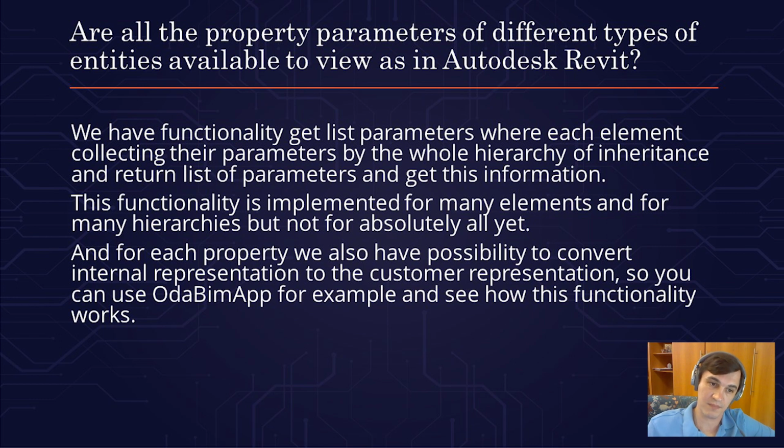So you can use another BIM app, for example, and see how this functionality works for us. You can select any element in the tree or on the view during visualization and click the right mouse button and call the list of parameters. So we will show the result of this functionality for the element inside of the BIM.